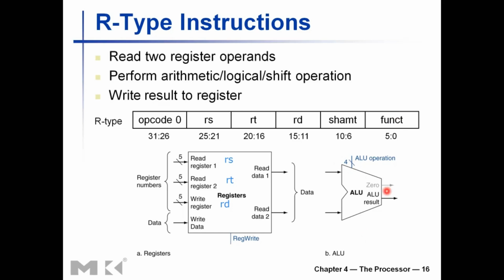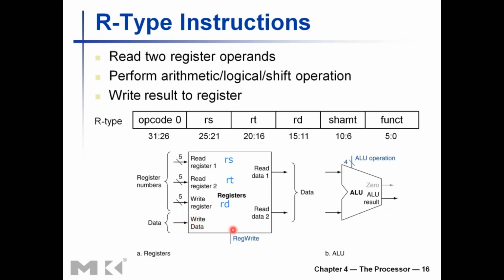Okay, and the ALU will generate the result of the arithmetic, logic, or shift operation, and that result from the operation needs to be forwarded and written into the register file. So your ALU result should be forwarded to the write data input of the register file.